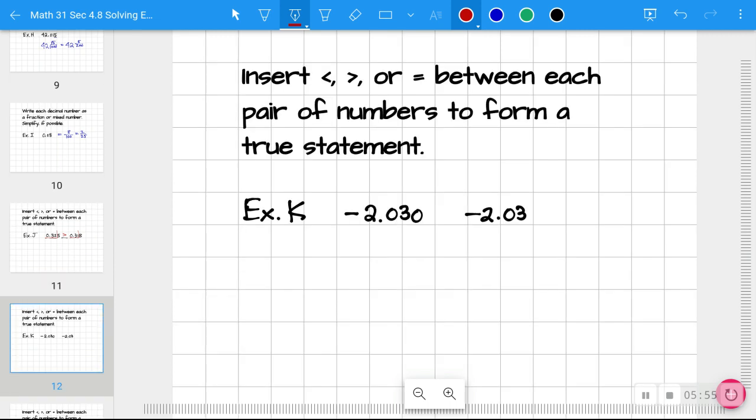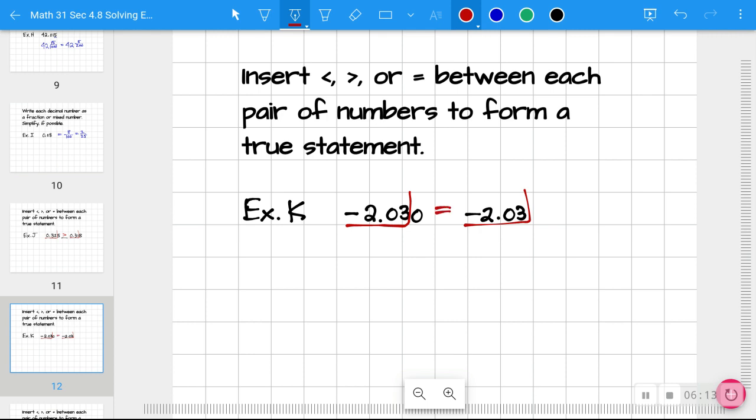Okay, let's do it again here. The matching digits here are exactly the same, 203, negative 203 on both sides, so we put an equal sign there.